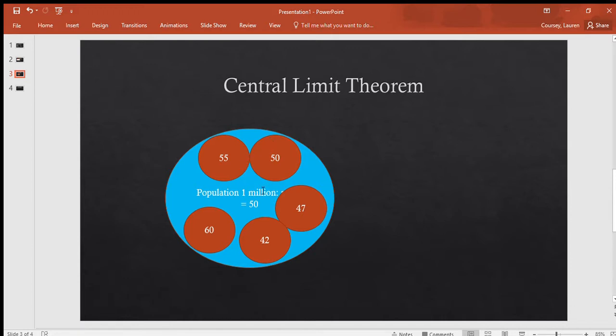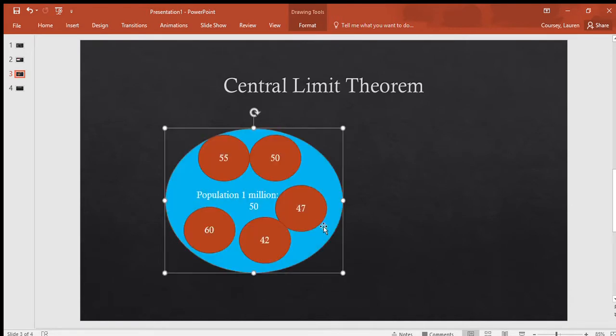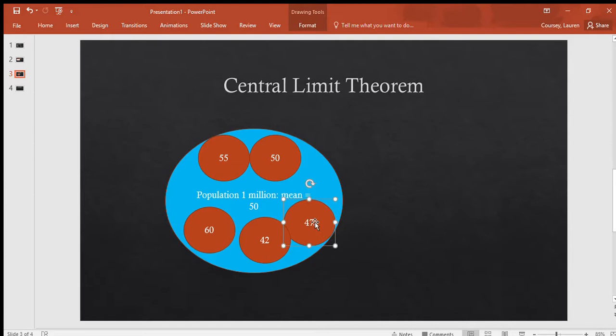If we look at what's called the central limit theorem, it introduces some important concepts and properties. The idea is that if we have a population such as the one we have here, a population of 1 million people, and hypothetically we knew facts about the population, which very often we don't, let's say theoretically we know that at the population level, the mean of our variable is 50.